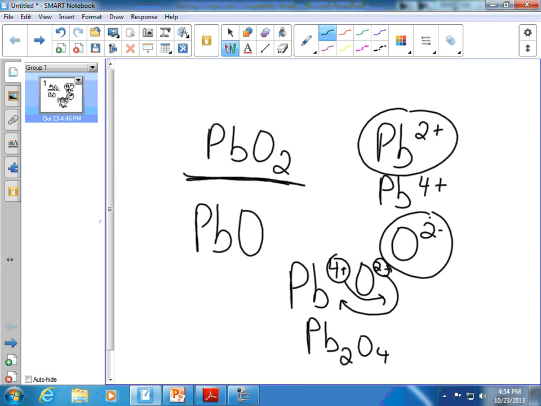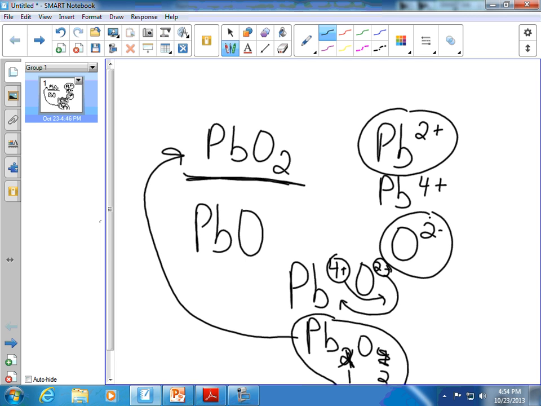But we talked about in the last lesson how you need to take these down to the lowest common denominator. So 2 goes into 2 once, and 2 goes into 4 twice. Going back up to here, we get PbO2, because you don't have to write 1.